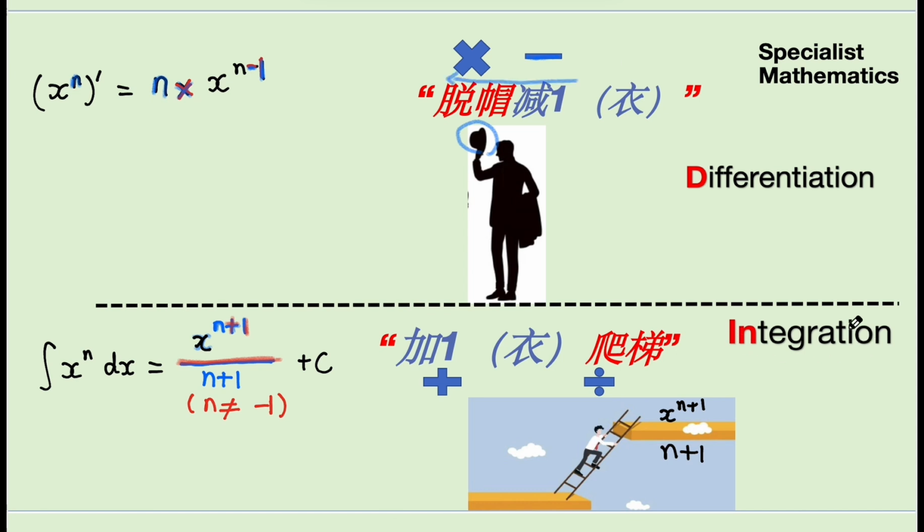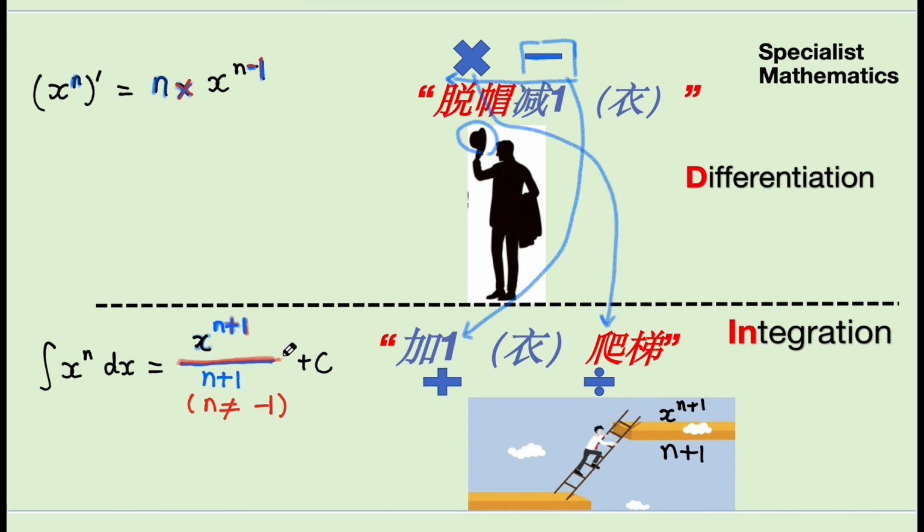For the integration, we know it's the opposite operation of differentiation. So we are going to reverse the order of the operation and consider each opposite operation. When we have minus 1, it will become plus 1. The power of x increased by 1. Then for the multiplication, the opposite operation is division.